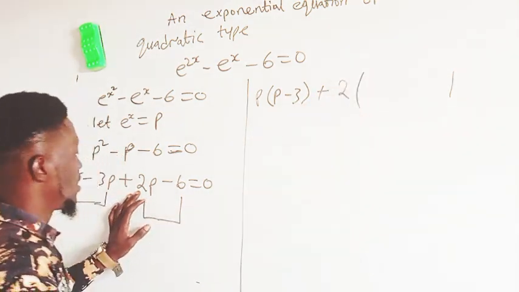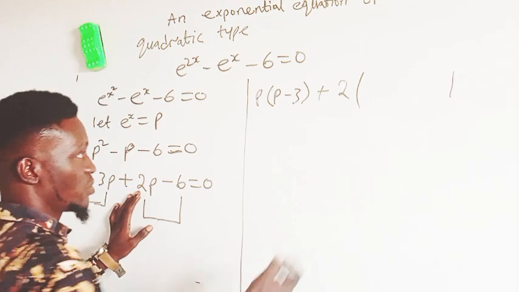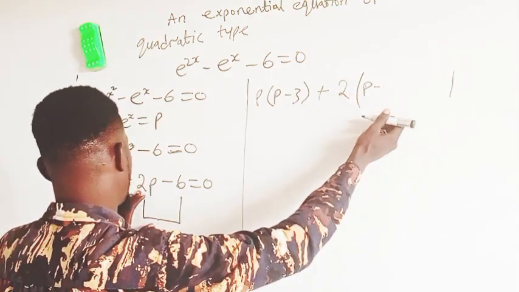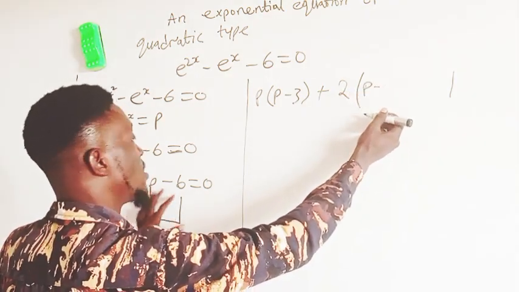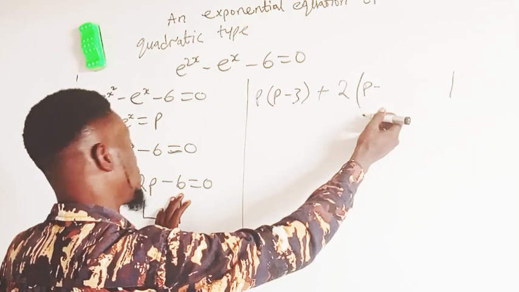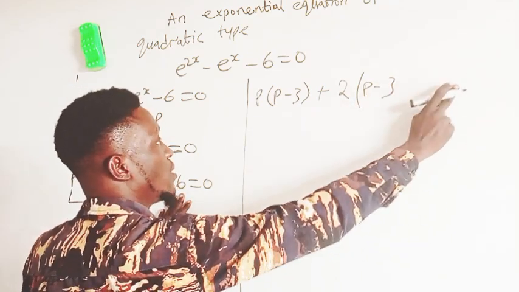So brackets, 2p divided by 2 is p, minus 6 divided by 2 is minus 3.